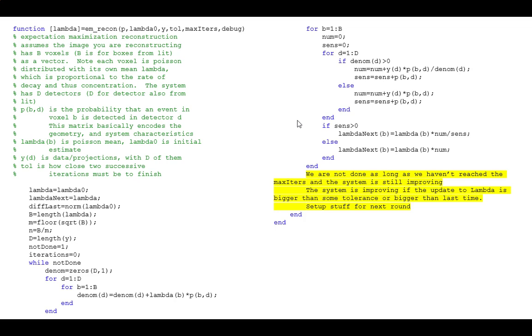Once it starts turning down again, we'll say it's good enough at that point. Then there's a little bit of setup for the next round. Just remember there are iterations, so you have to set up the variables, such as also the not done. You have all my variables, some of which won't change.